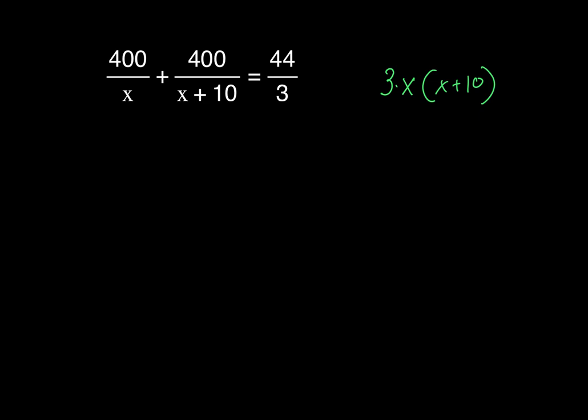So with that as my common denominator, I look at this and say, all right, what's missing? The 3 and the x plus 10. So I'm going to multiply that single fraction by 1. Because again, when you multiply by 1, you don't change the value, you just change how it looks. And the 1 that I'm going to multiply it by is 3 times x plus 10 over 3 times x plus 10.